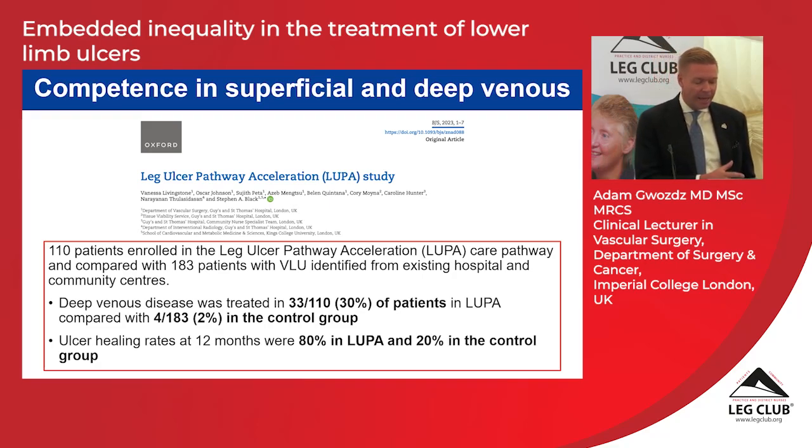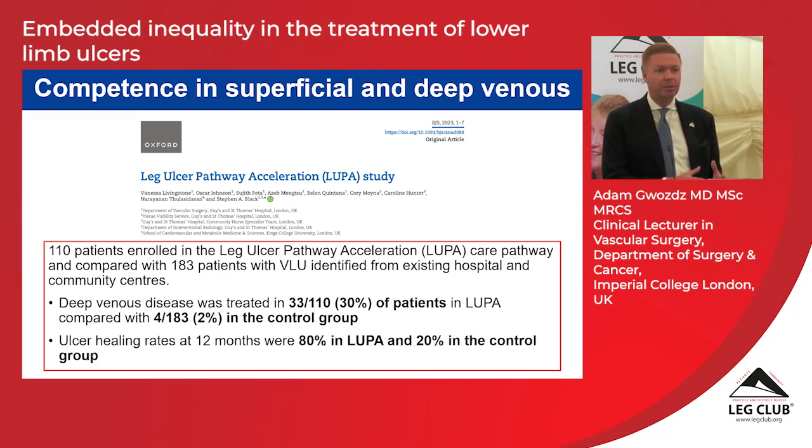So it essentially aimed to take 110 patients with recurrent ulcerations or large ulcers that weren't healing, and then match them to patients in hospitals or community centers that didn't have proximal obstruction. And they scanned the 110 and actually found that a third of them had outflow obstruction that was amenable to stenting.